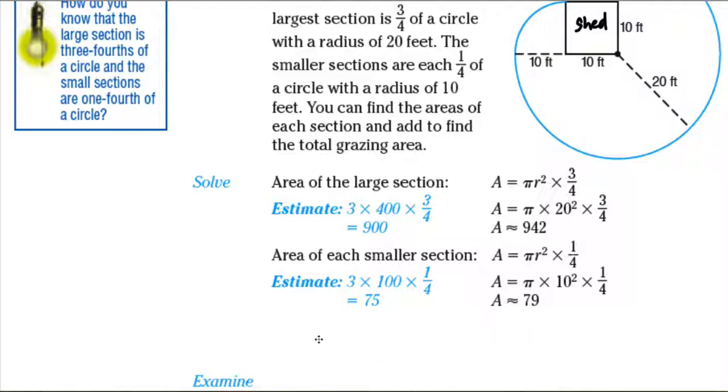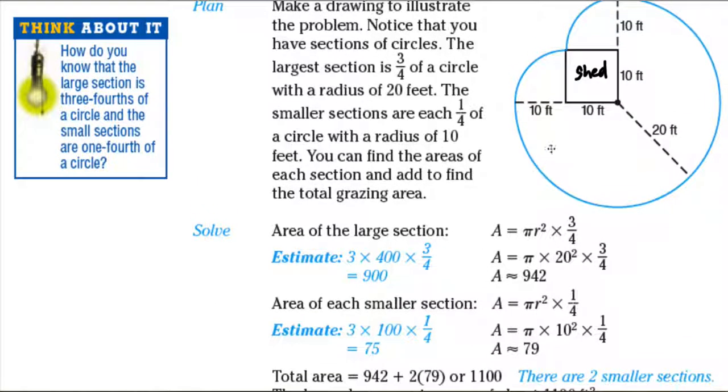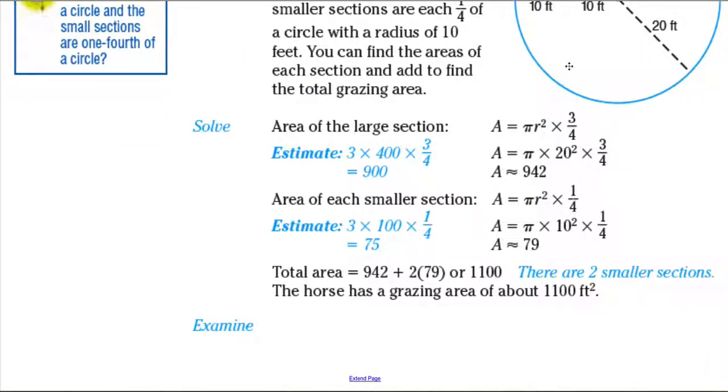Okay, so the total area where Harry will be grazing will be the sum of the 3/4 of a circle, which is 942, plus 79 multiplied by 2, because there are two 1/4 circles right here. So multiply 79 by 2, and that'll be about 1100.